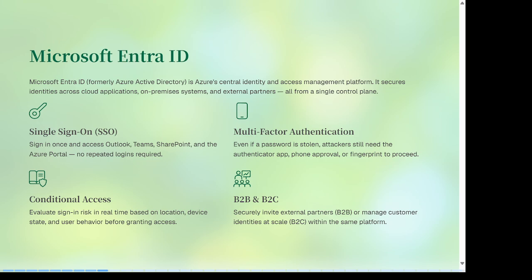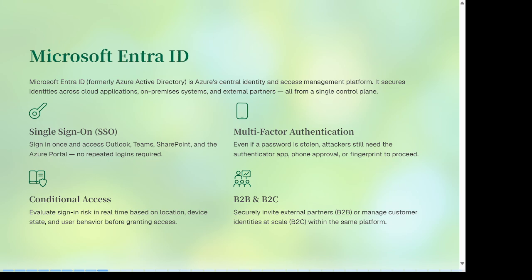Single sign-on. Single sign-on allows users to sign in once and access multiple applications without logging in again. For example, you sign in once using your corporate credentials and immediately you can access Outlook, Microsoft Teams, SharePoint, Azure portal.